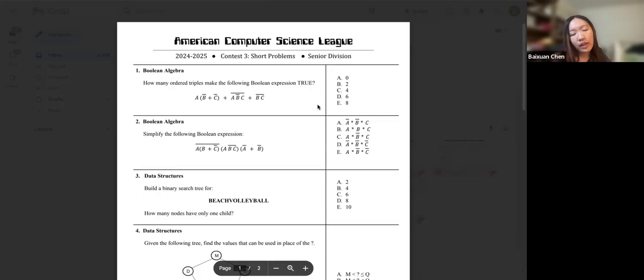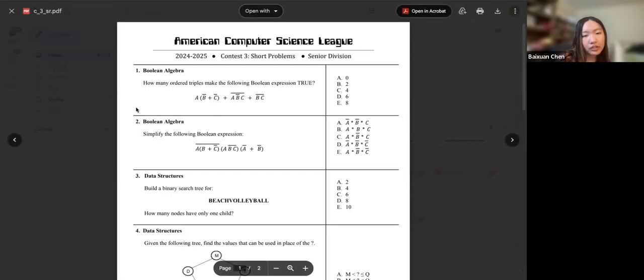Okay, so we have to distribute it or try to get rid of the nots that are together. So we have A not B plus A not C plus, and then the trick that I showed before about how you can simplify these kinds of expressions also applies beyond just two Booleans.